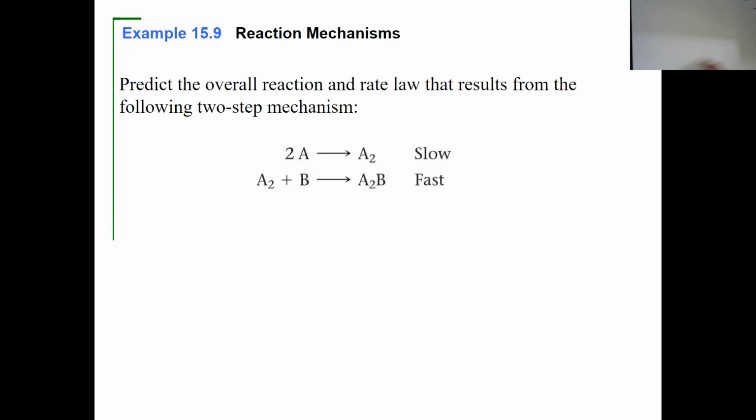Same type of question. They're just phrasing it a little bit differently. They're giving us a two-step mechanism here, and they're asking us to pull out the overall reaction from it and then to figure out what that rate law would be.